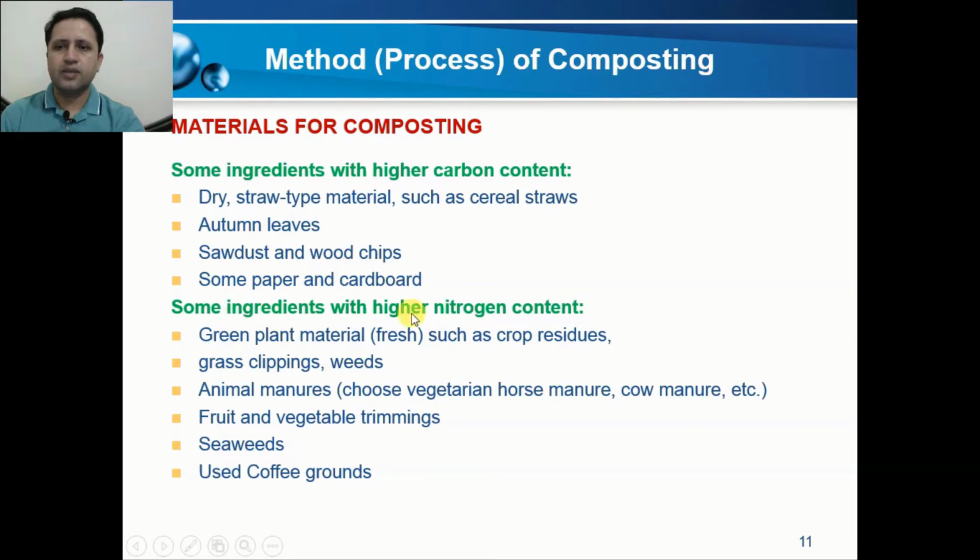And some ingredients with higher nitrogen content are green plant material, fresh crop residues, grass clippings, weeds, and animal manures like horse manure and cow manure. Also, fruit and vegetable trimmings, seaweeds, and coffee grounds can be used as higher nitrogen materials.